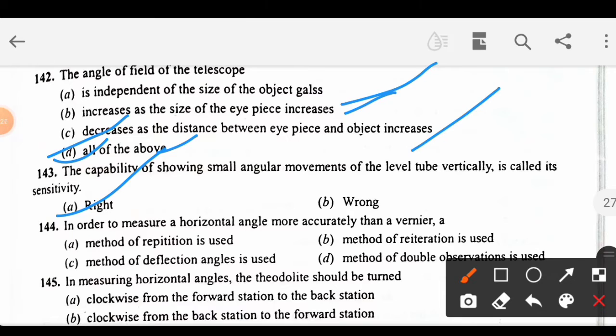Correct answer A. In measuring horizontal angles, the theodolite should be turned clockwise from the back station to the forward station. Correct answer B.